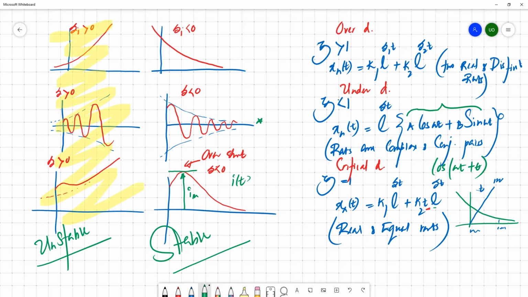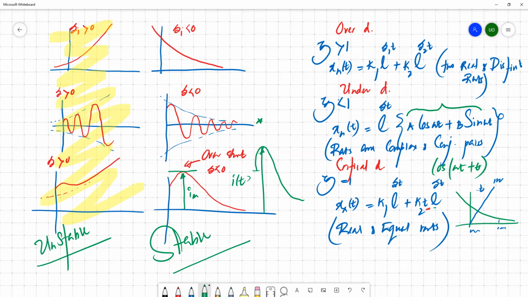Once you switch on the system, your current jumps to a value and then decays to zero. So your circuit should handle this sudden increment of current, and the design should cater for these peaks.